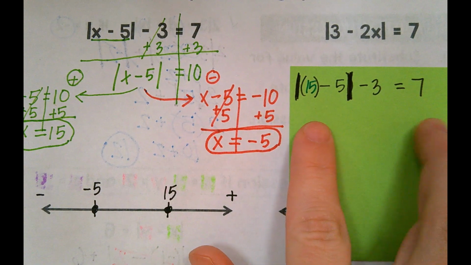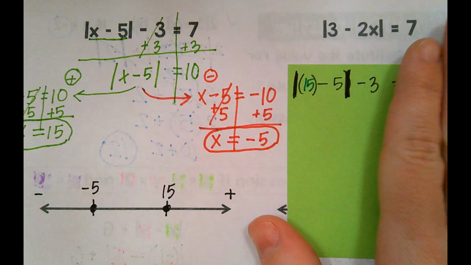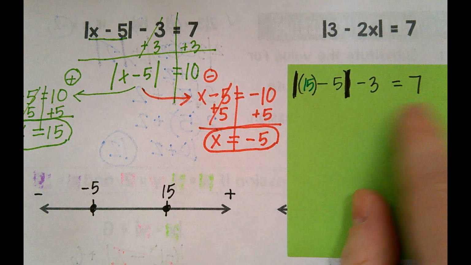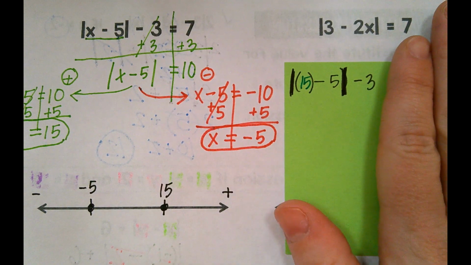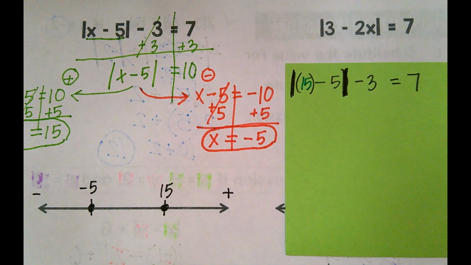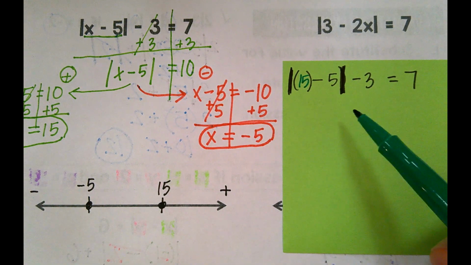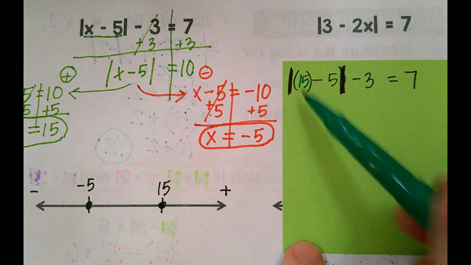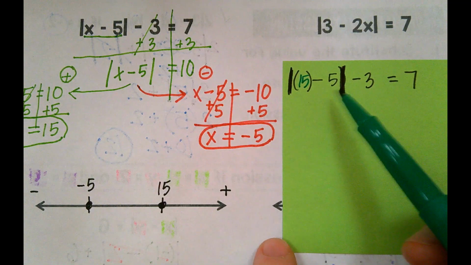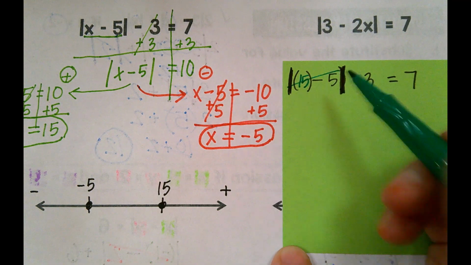I'm no longer solving for x. Now I'm plugging in a number and making sure that the answer is in fact 7 whenever I evaluate it. So ignoring the equals 7, what would I do first here? Let's figure out what's in the absolute value. What's 15 minus 5? Yes, 15 minus 5 is 10.